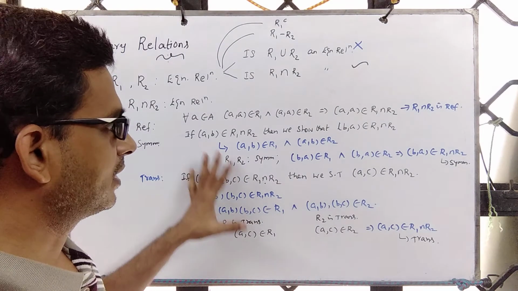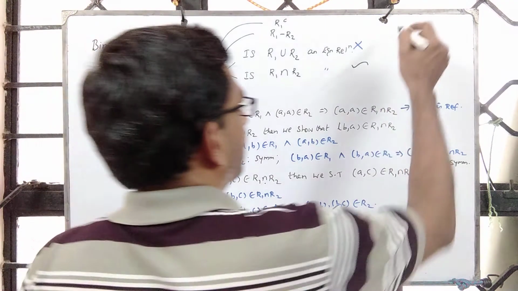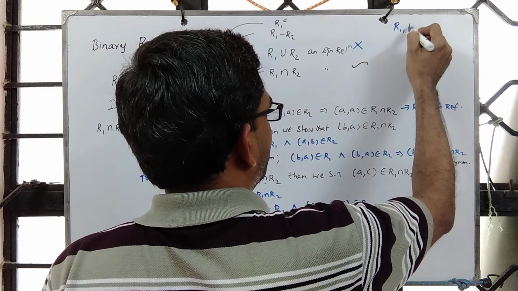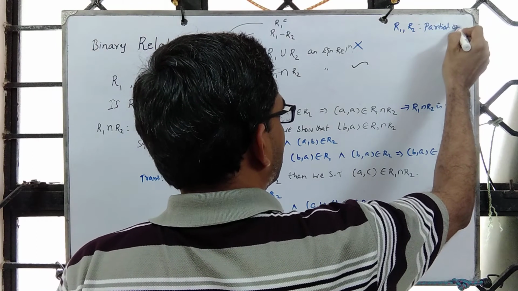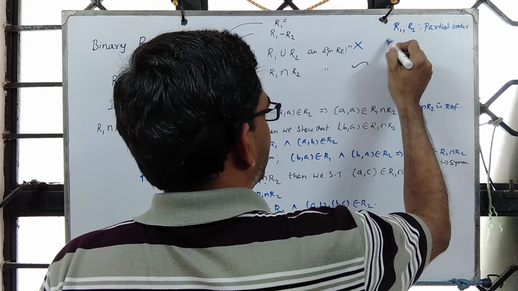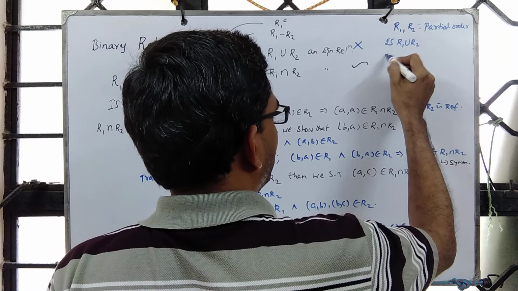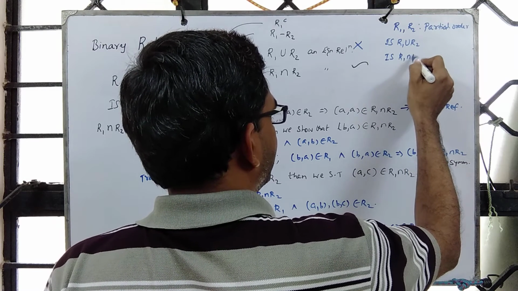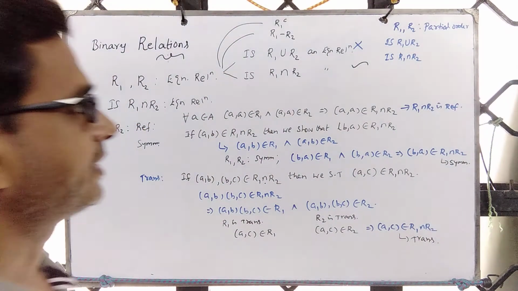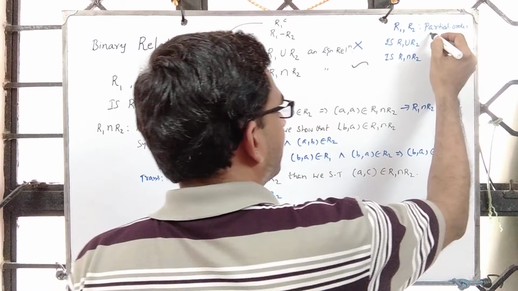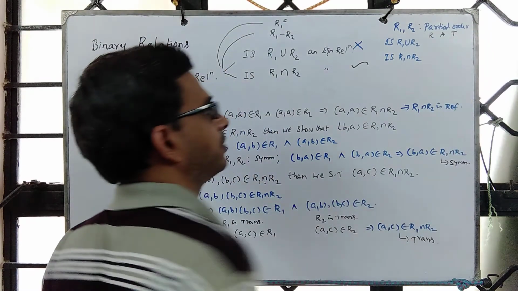Now one can ask a similar question: given that R1 and R2 are partial orders, is R1 union R2 a partial order? Is R1 intersection R2 a partial order? A partial order must satisfy reflexivity, antisymmetry and transitivity.